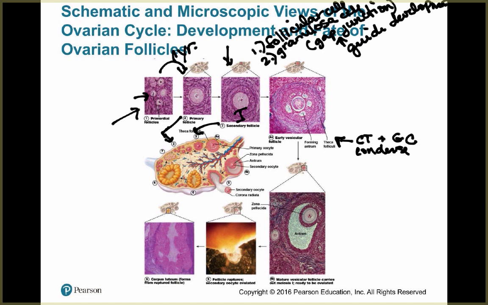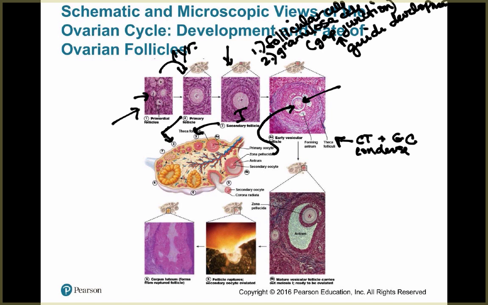Now, around the oocyte, which you can't really see, but yeah, it's right there, is what's known as a zona pellucida. And this is a thick, glycoprotein-rich, kind of viscous membrane secreted by the oocyte, and it helps to encapsulate it.